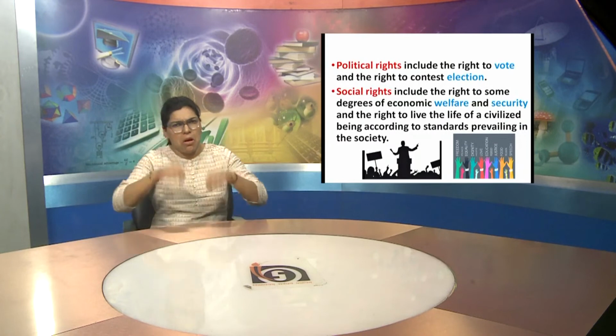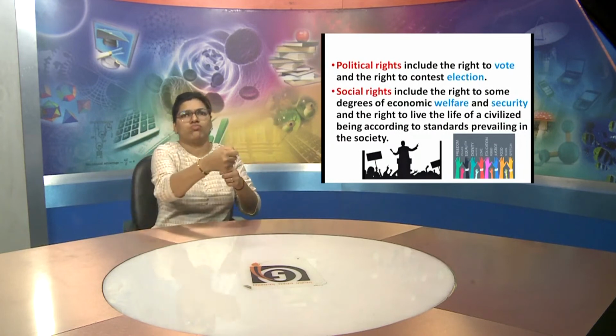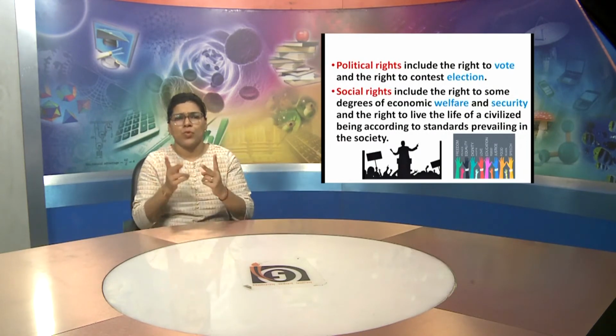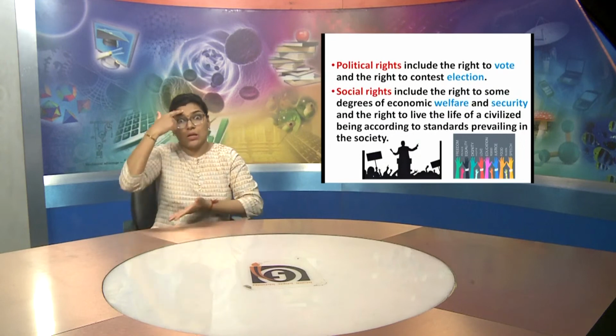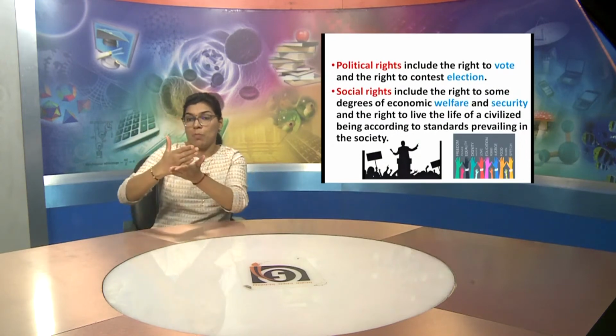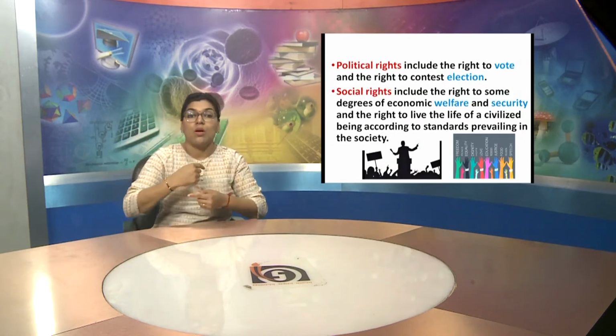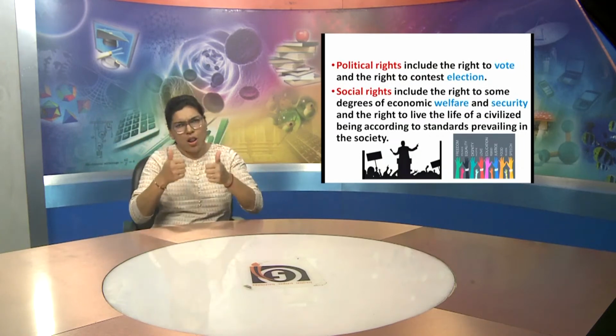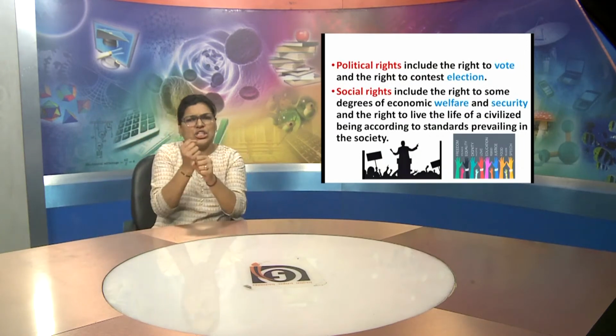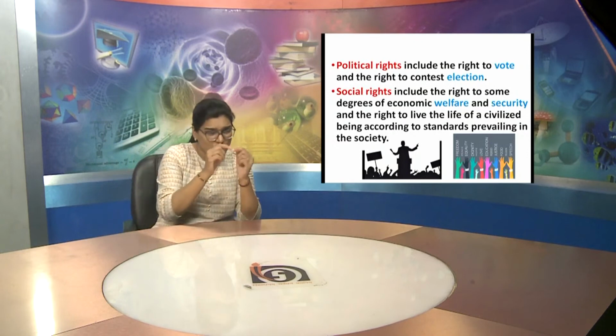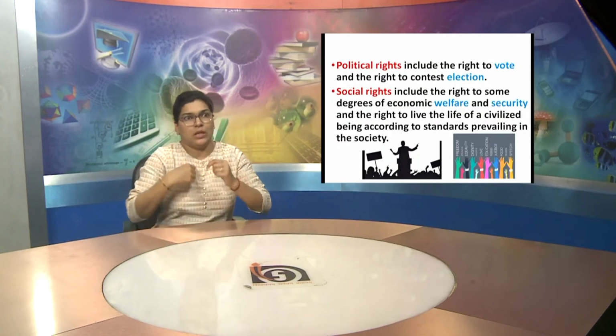But if a government party hasn't worked well, I will never vote for them again. It's a right of a citizen living in a country to choose their political party for ruling them.